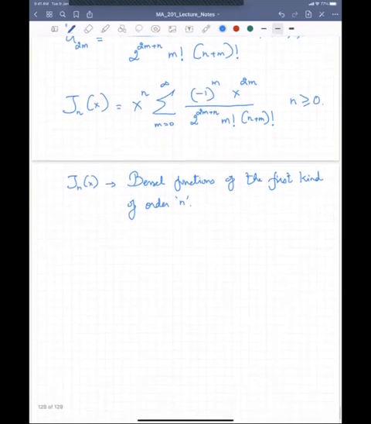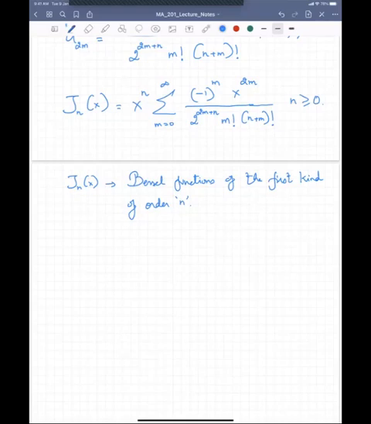Now I invite you to show that this series actually converges, which is easy to show. Simply look at the ratio test. Take the coefficient of x to the 2m and the coefficient of x to the 2m plus 2, which is the next term in the series, and divide the first by the second, and then take the limit m goes to infinity, and you will find that this goes to 0.